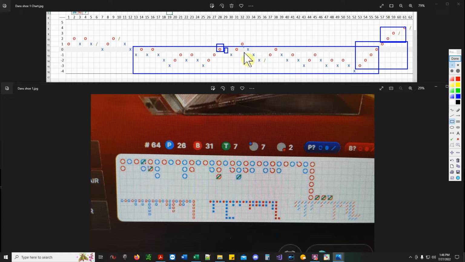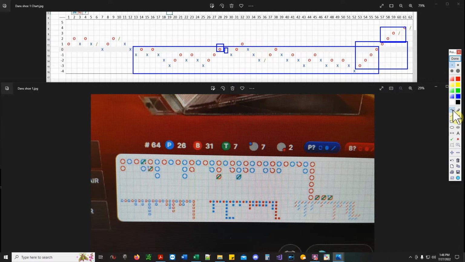Okay? So I would start betting player every hand, and I would use a negative progression: up one when you lose, down one when you win. Let's just say mandatory one. Okay?